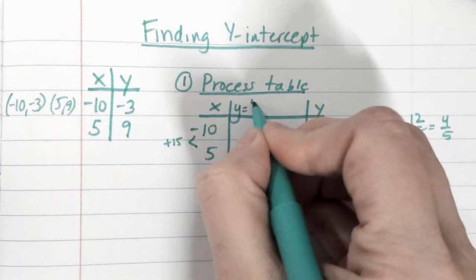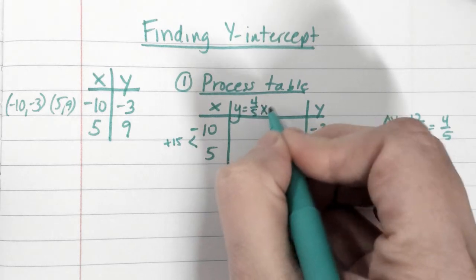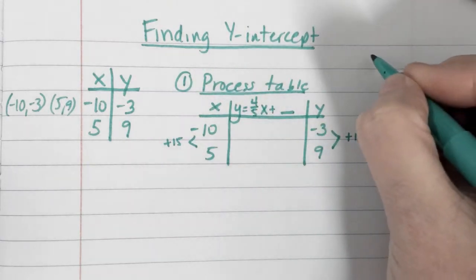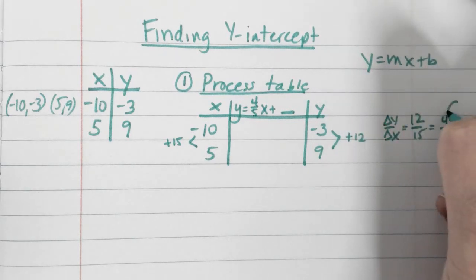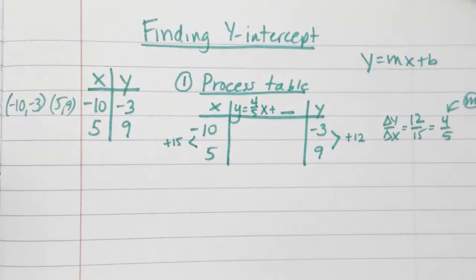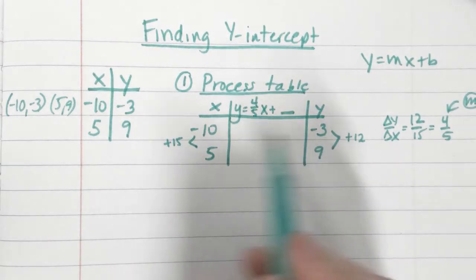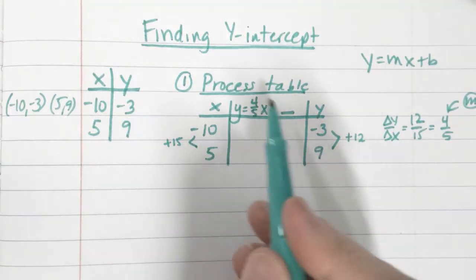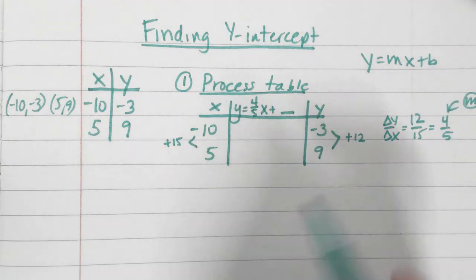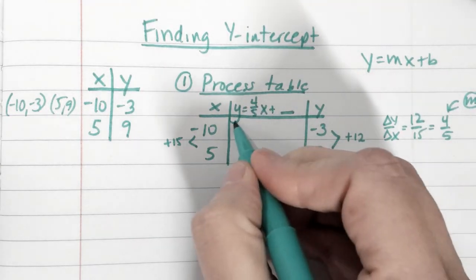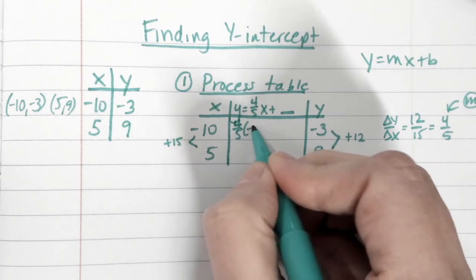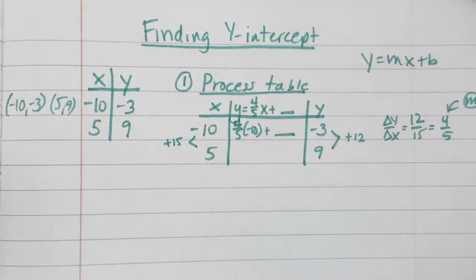So y equals 4/5 x plus something, because remember my slope-intercept form is y equals mx plus b, and slope is m. So now I'm going to use this x and this y to substitute in and figure out what b is. So I'm going to say 4/5 of -10 plus something equals -3.